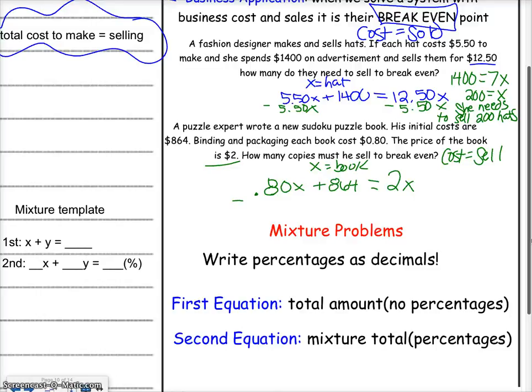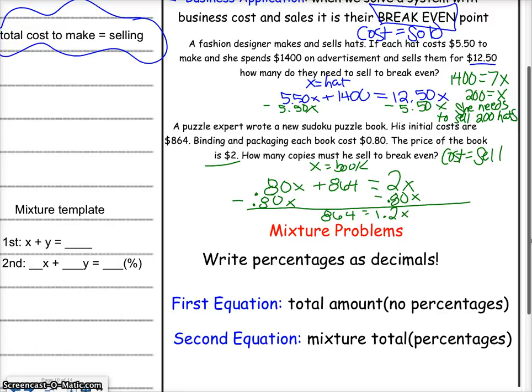So I'll move my 0.80x because that's the smaller one. And you get 864 equals 2 minus 0.80, which is 1.2.